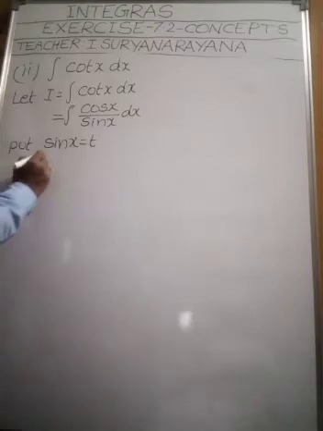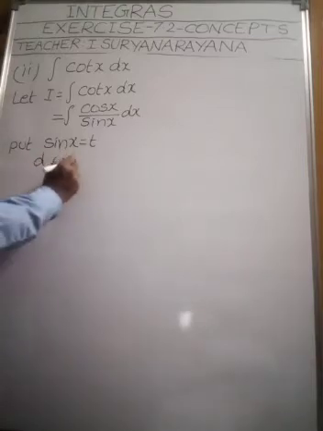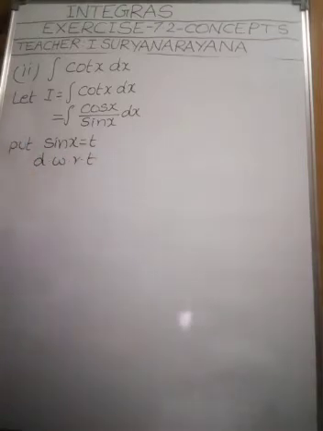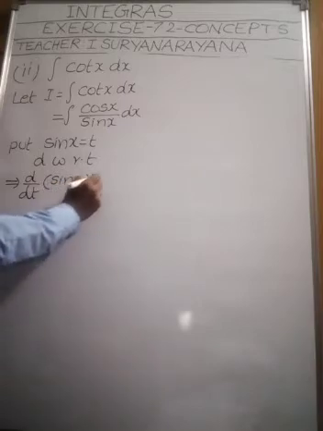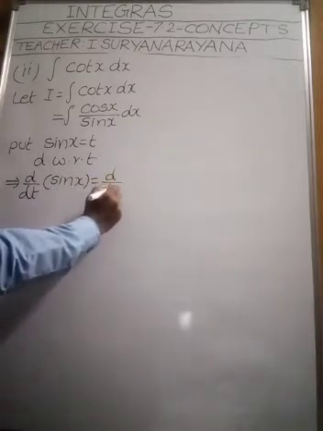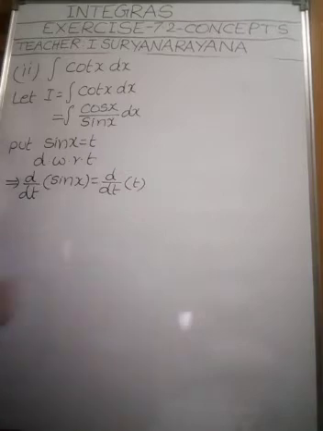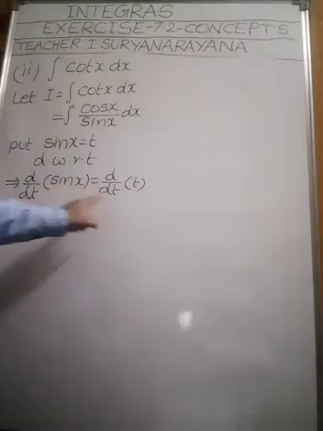Okay, my children, understood this one? Right. Now differentiating with respect to t. Then what is the differential operator? Yes, d by dt. d by dt of sin x is equal to d by dt of t. We wrote the differential operator on both sides.